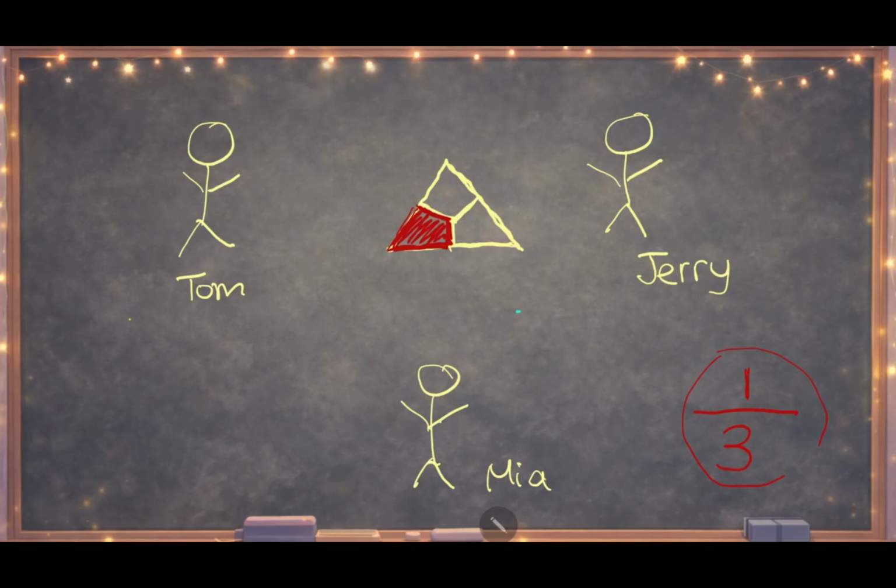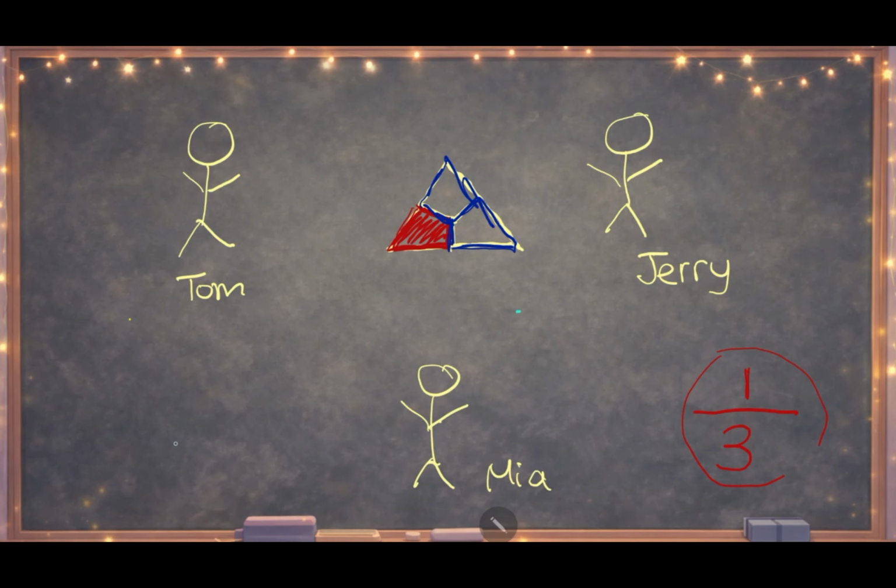Tom and Jerry were a little slow at eating the cake, and Mia finished her piece. Then what are the leftover pieces? These 2 pieces are currently left over. Can you show it in a fraction? That's right.